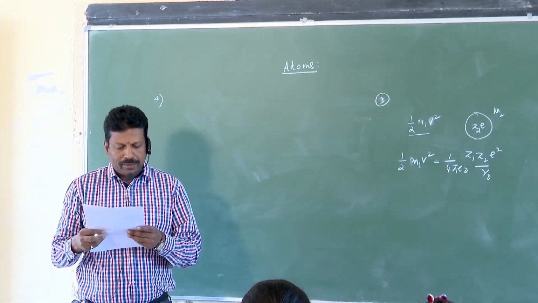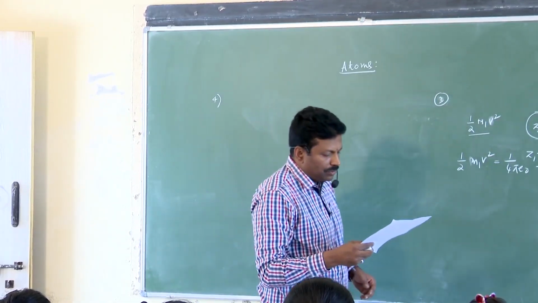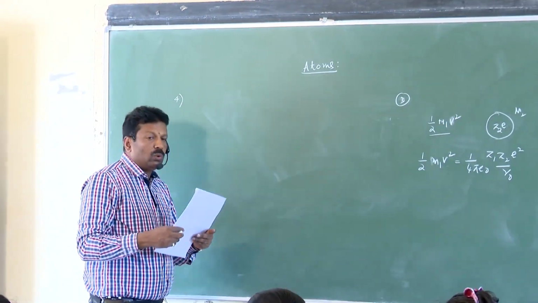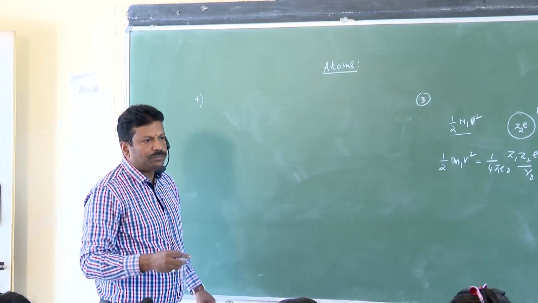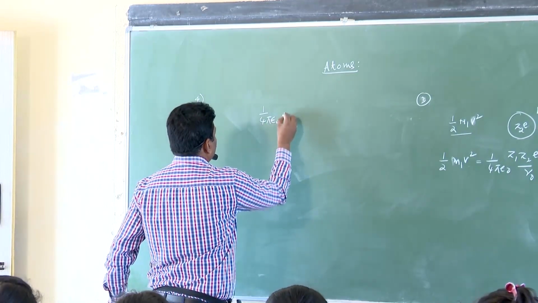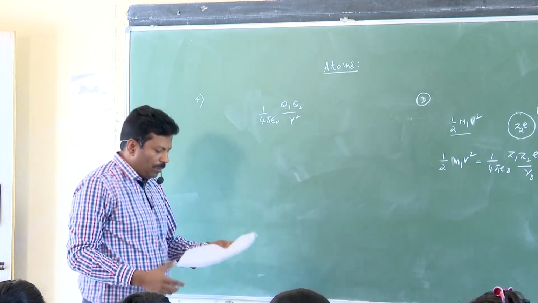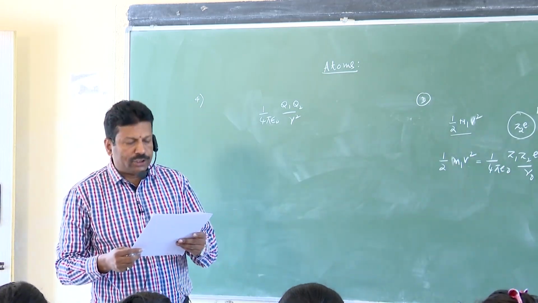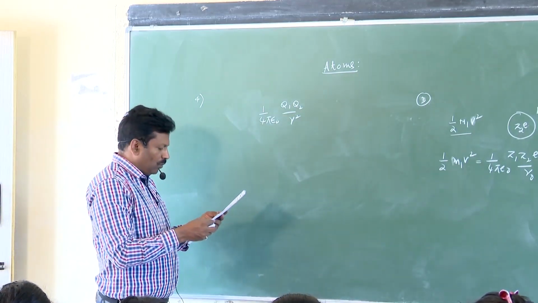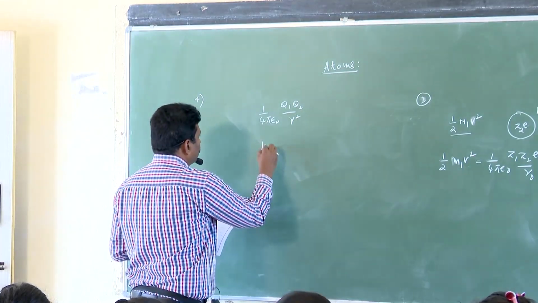The Coulomb force between the two is... what is the Coulomb force formula? 1 by 4 pi epsilon naught Q1 Q2 by r square. But here we have to consider the direction. Option C: K e squared by r cube into vector r. Okay, this is K, right?